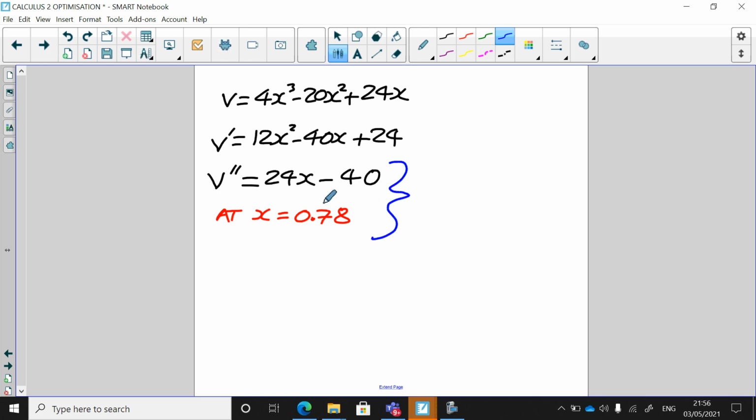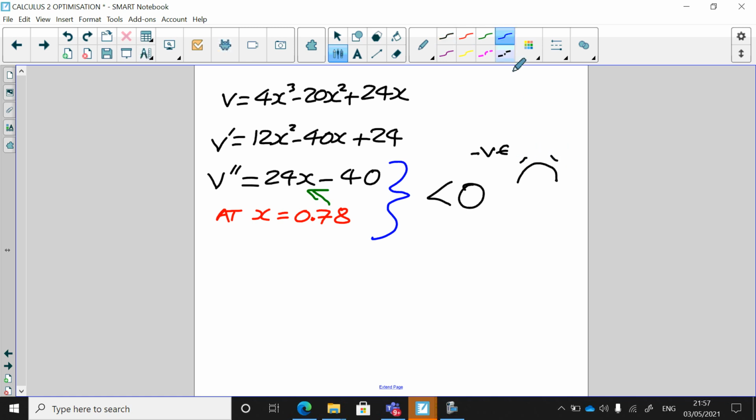24x, well, when I put that in there, because x is less than 1, then the answer is less than 0. And when the answer is less than 0 for the second derivative test, less than 0 means negative, and when you're negative, you're no happy. So that's why it looks like that.